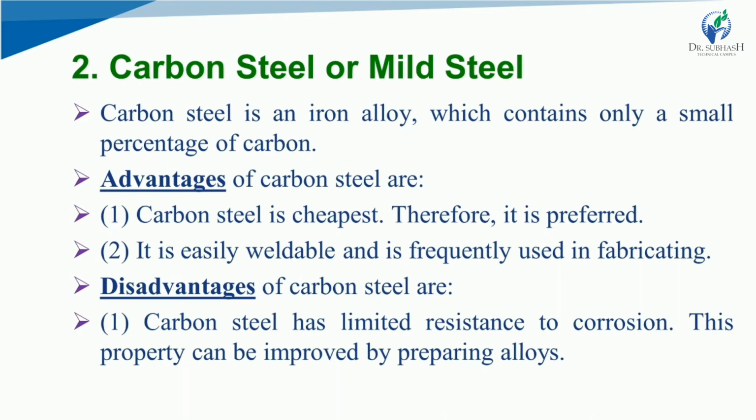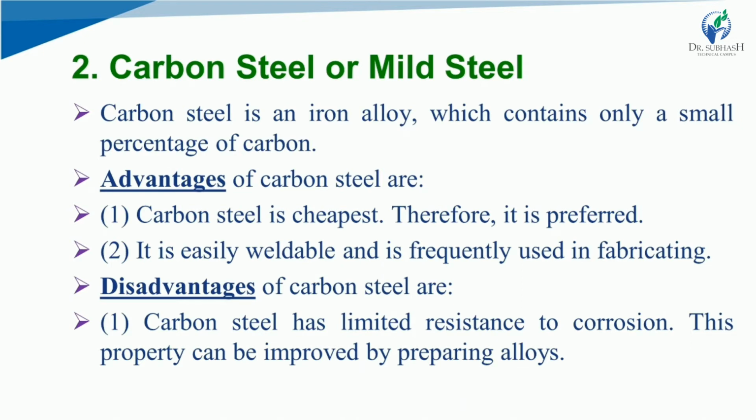If I describe everything in detail, carbon steel is an iron alloy which can have a limited percentage of carbon. The advantages: carbon steel is cheapest. It is preferable when it comes to different materials; you can go for carbon steel as a first priority.